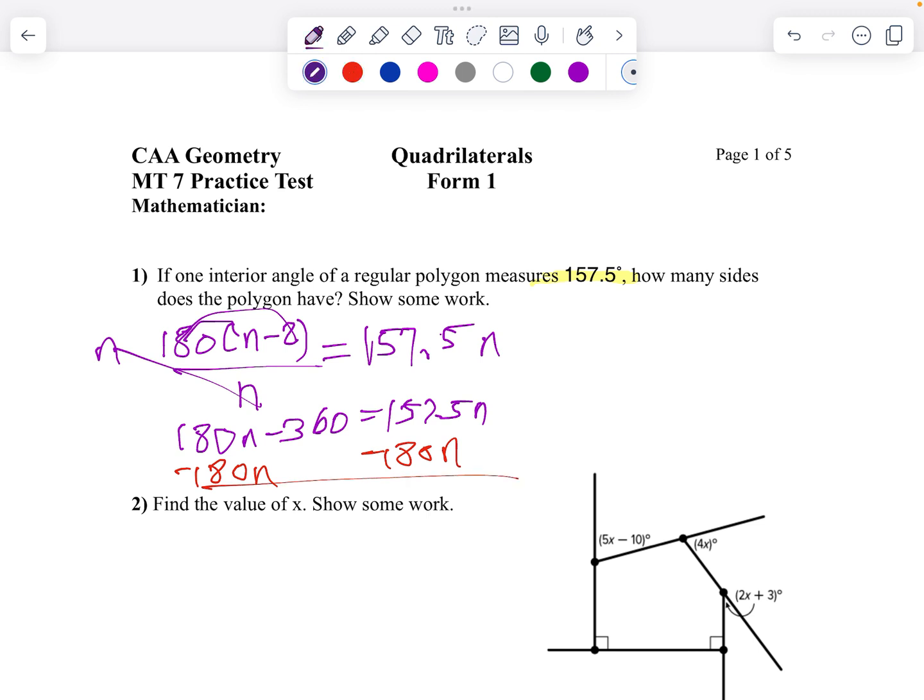I'll write it on the top over here. Equals 157.5 minus 180, and we get negative 22.5n. To find n, we'll divide both sides by negative 22.5.